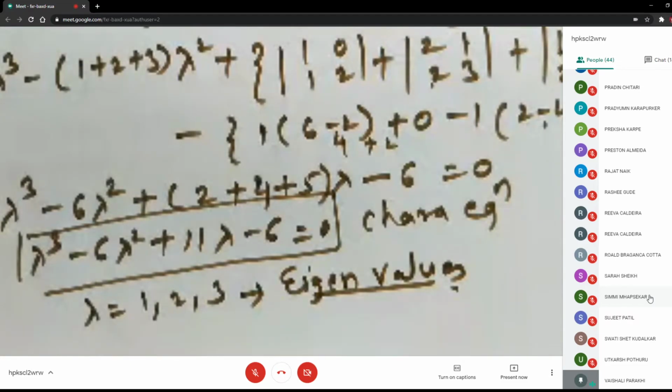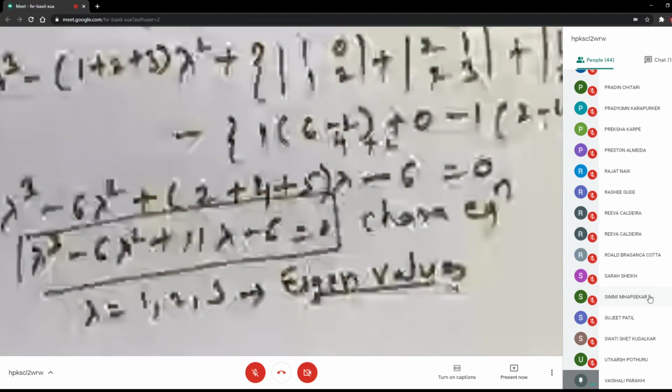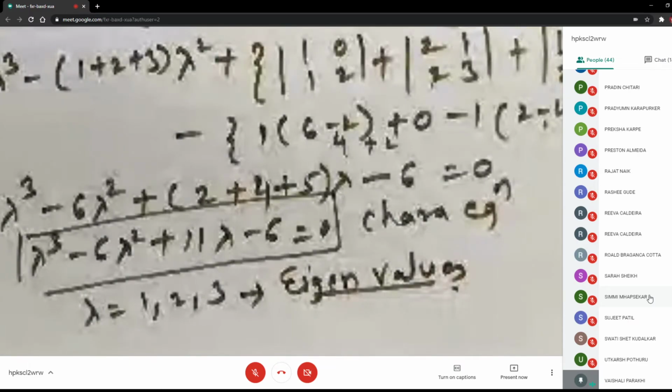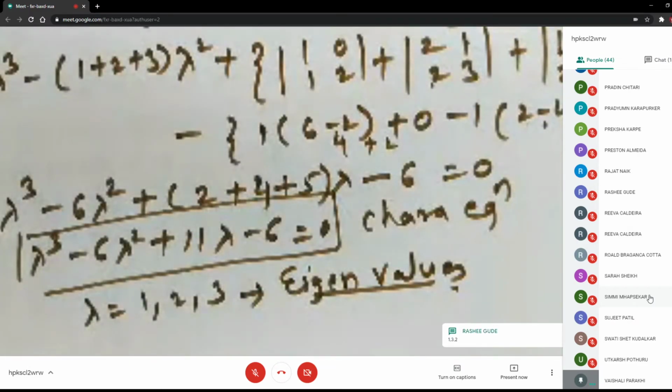Deval, can you tell me? Suppose I want to check whether eigenvalues are correct or not. What should I do? How to check whether eigenvalues are correct or not? Rashi, can you tell?